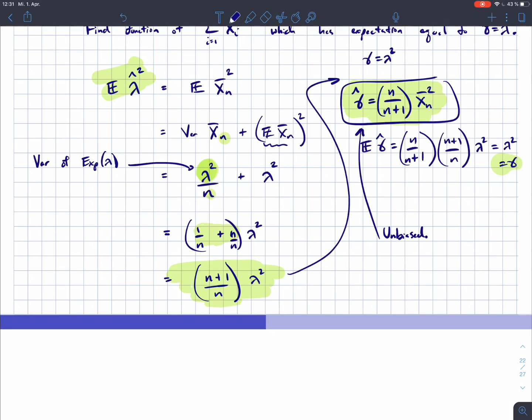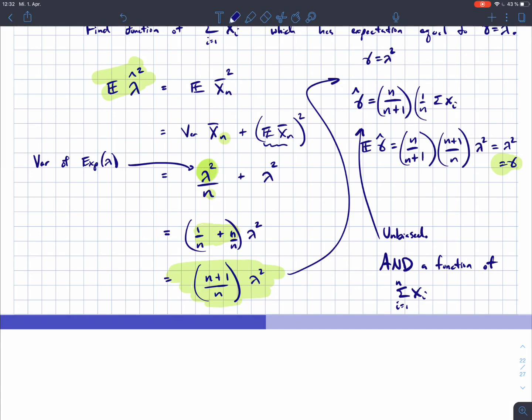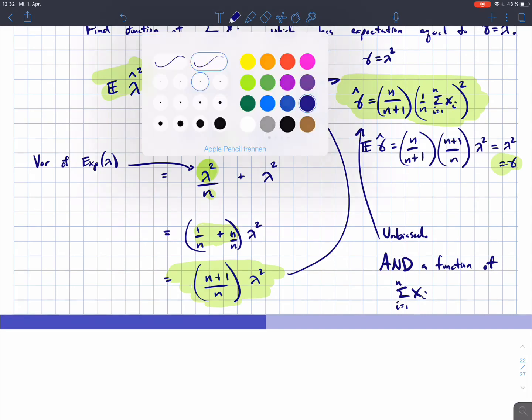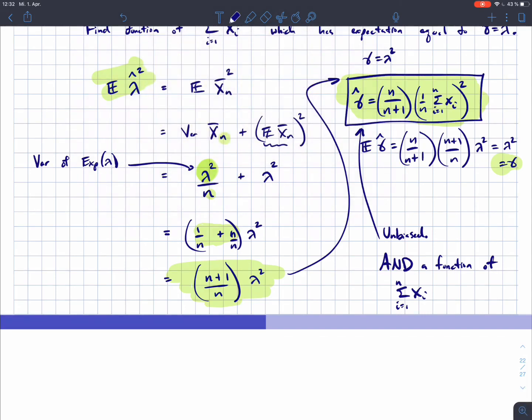Moreover, it's a function of the sum of the xi's, okay? Because I can write it as 1 over n sum of the xi's squared. That's like my x bar. So here I've got an unbiased estimator for lambda squared, which is based on a sufficient statistic.